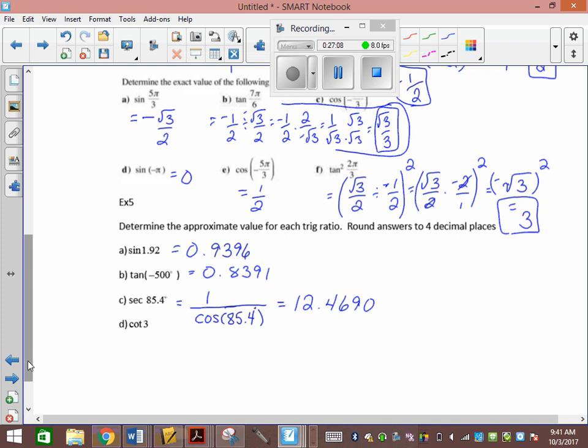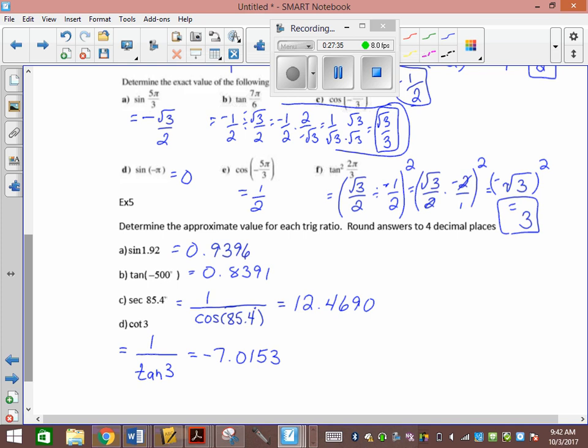And then cotan of 3 is equal to 1 over tan of 3, and 3 is in radians. Okay?